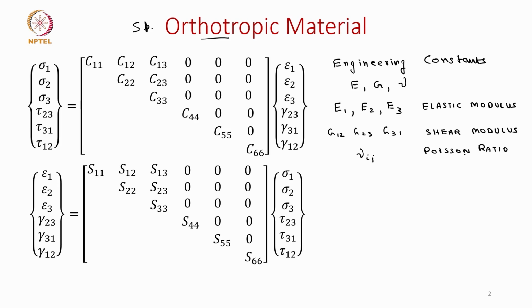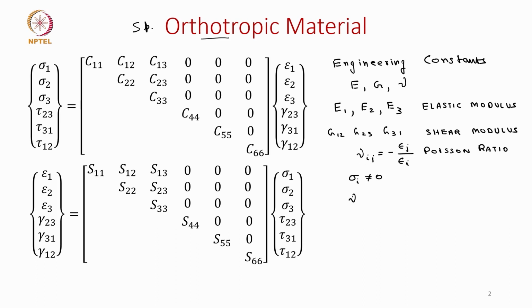Here we need to be clear about the definition of Poisson ratio. So, we say that nu ij is the negative of epsilon j by epsilon i, assuming that the loading is in the i direction. So, if we are loading in the ith direction, then the ratio of the strain in the jth direction to the strain in the i direction is given by this Poisson ratio nu ij.